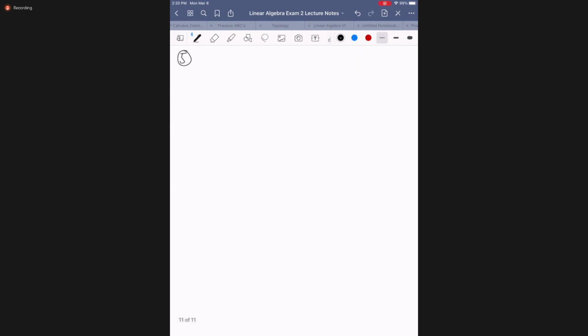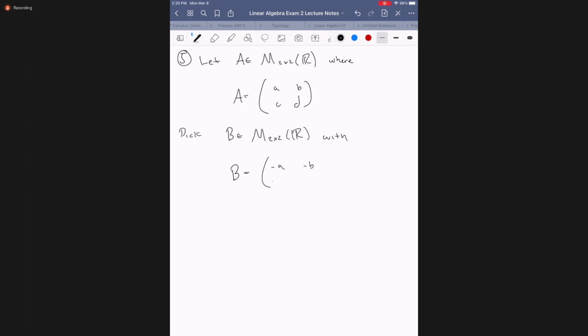You just take the entries to be negative. So let A be a 2 by 2 matrix, where A is equal to A, B, C, and D. Pick B, with B equal to negative A, negative B, negative C, negative D. Then obviously we have that A plus B is equal to 0, or the 0 matrix in this case.